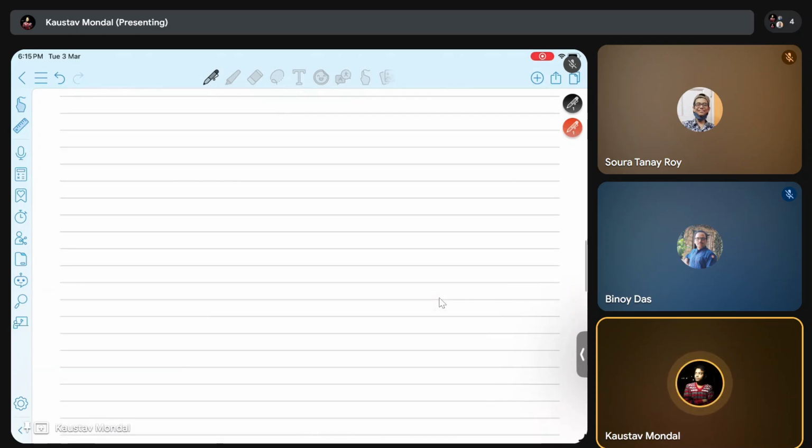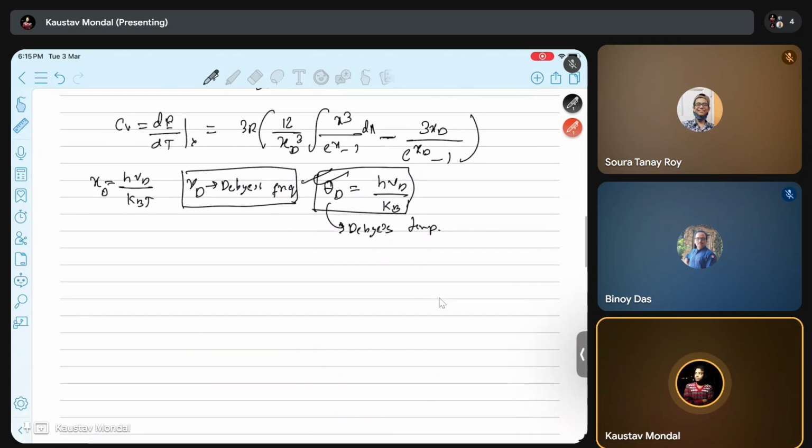So this is basically very important. At high temperature, it has been found that for both high temperature and theta D, CV basically shows 3R. So it validates the experimental findings that we have observed at high temperature.